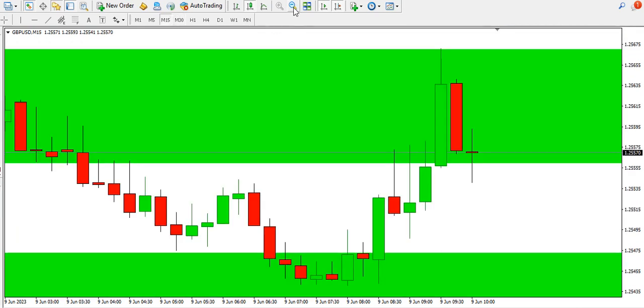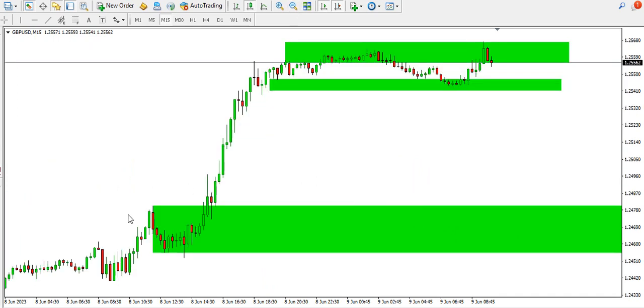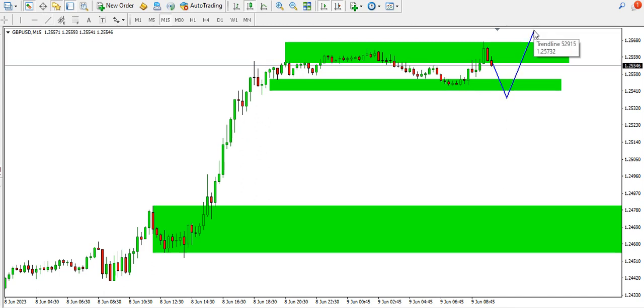On the 15 minutes time frame, we can see that price is also ranging, but the overall trend is still bullish. We might see a liquidity grab to the downside, more like stop losses below this level might be taken out before price continues to go up.